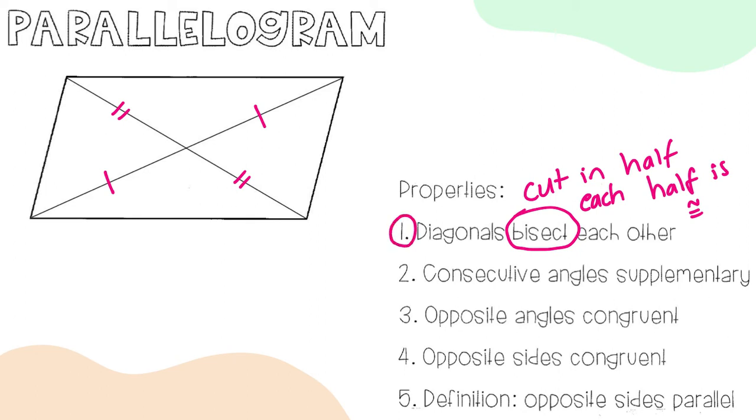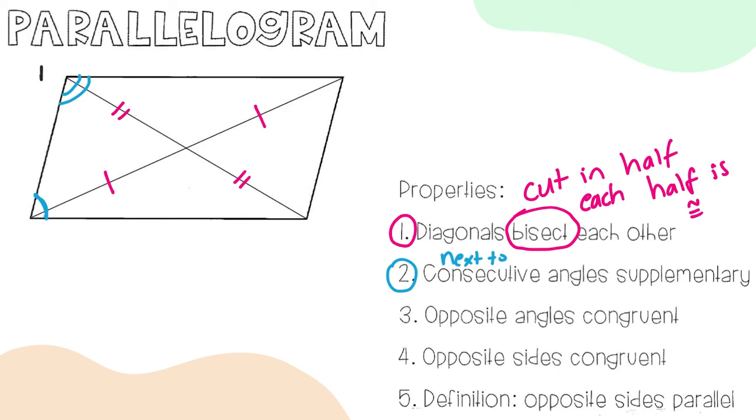The next property we have is that consecutive angles are supplementary. And consecutive means next to. So I'm looking at this angle and this angle together are supplementary. I could give those a name.